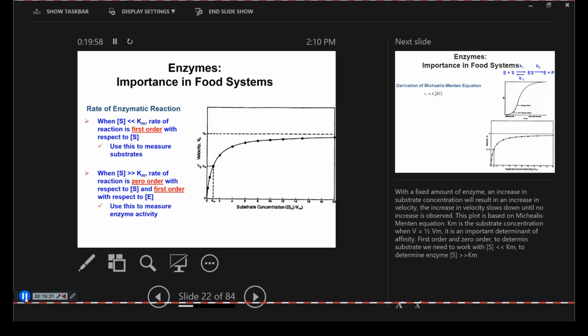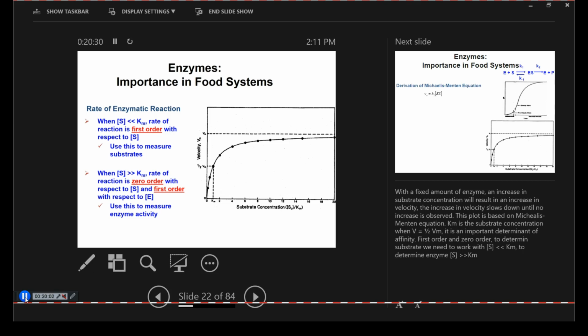There is no more impact. So at high substrate concentration, there is really no more impact on the rate of the reaction. I'm maxed out. So at very high substrate concentration, that means substrate concentration much greater than Km, I have a zero order reaction with respect to the substrate. That means no matter how I change the substrate concentration or increase it, my rate of the reaction will no longer be impacted. That's zero order.